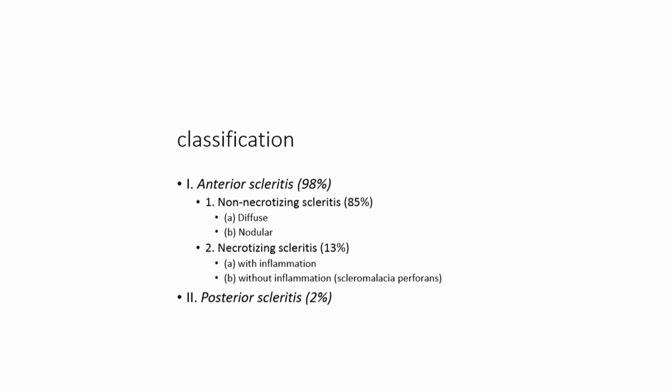Necrotizing scleritis can occur with inflammation and without inflammation. Necrotizing scleritis without signs of inflammation is called scleromalacia perforans. Just remember this. The second category is posterior scleritis.